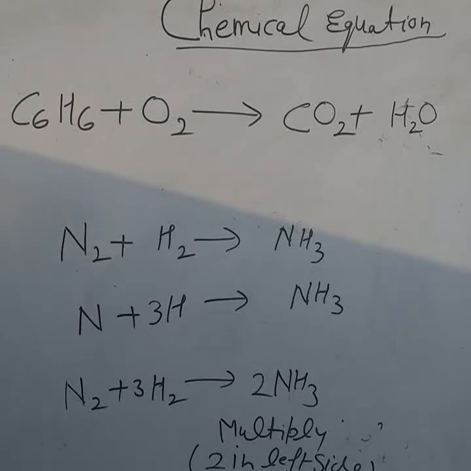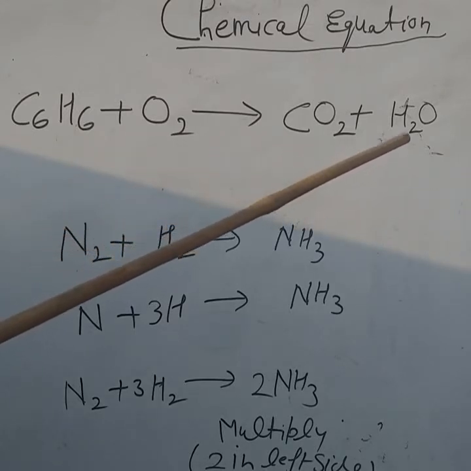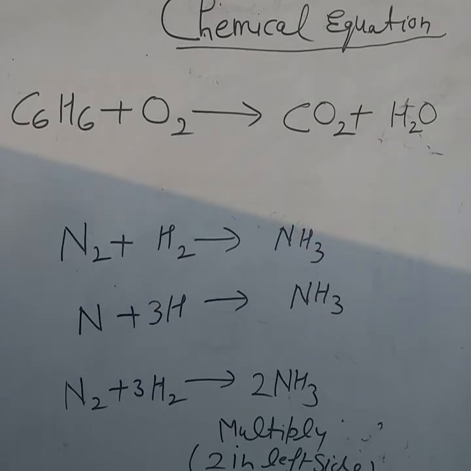Here we explain some methods of balancing chemical equations. The first example is benzene reacting with oxygen to give carbon dioxide and water. This reaction is a skeletal reaction because it is not balanced. In another example, nitrogen reacts with hydrogen to give ammonia.